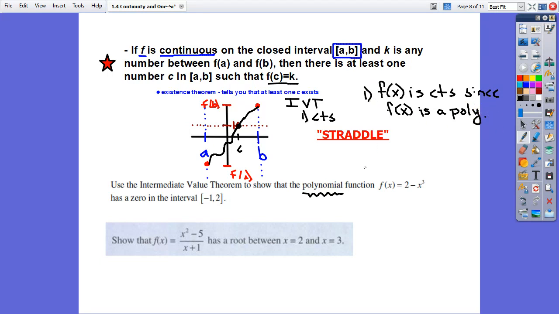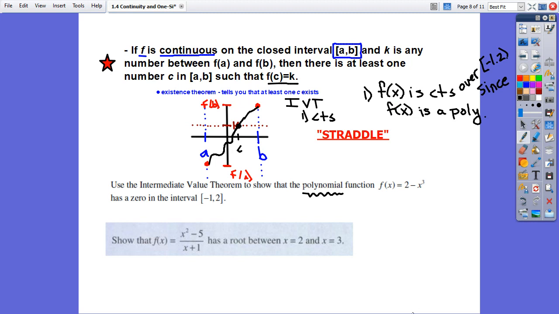So we showed that f of x is continuous on the closed interval. Let me make sure I put that over the interval, -1 to 2, since f of x is a polynomial.